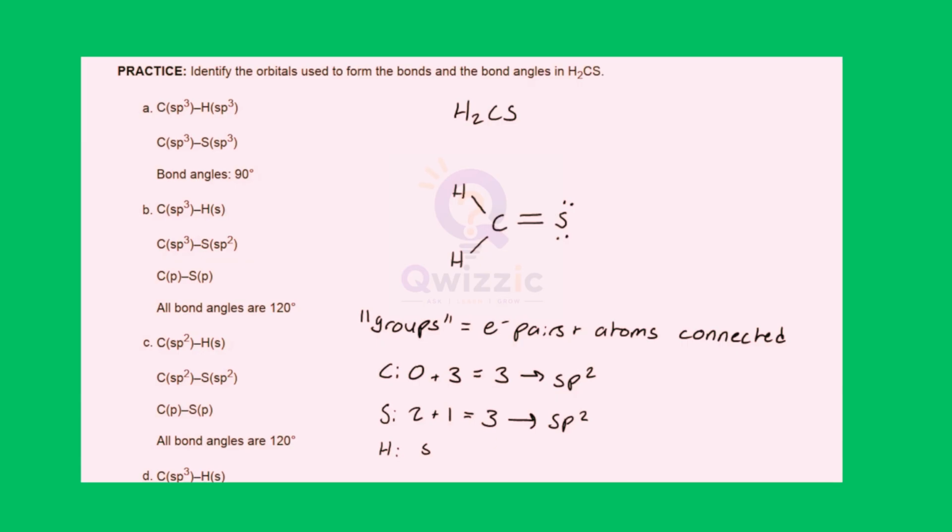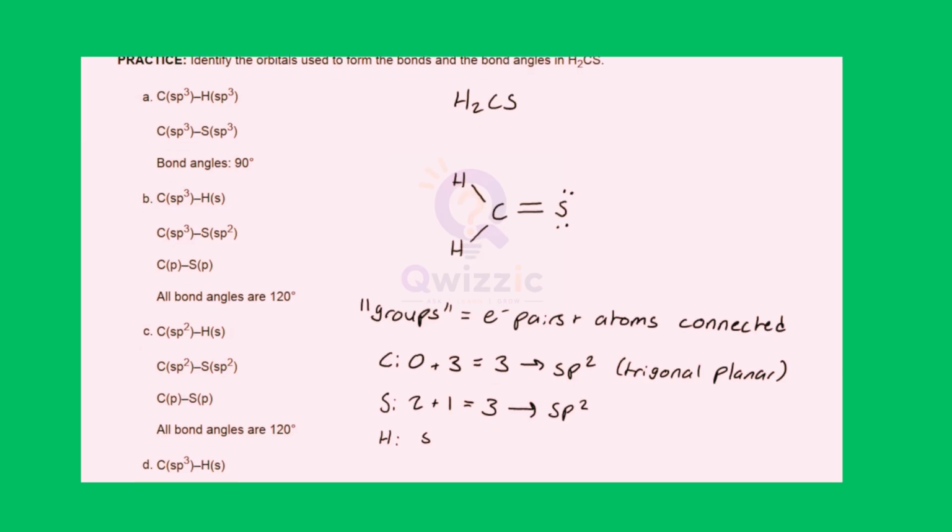So with this in mind, let's go ahead and talk about bond angles. Because the hybridization of the central carbon is sp2, and carbon has 3 groups surrounding it with no lone pairs of electrons, its geometry is trigonal planar. And because it's trigonal planar, all bond angles around carbon would be 120 degrees.